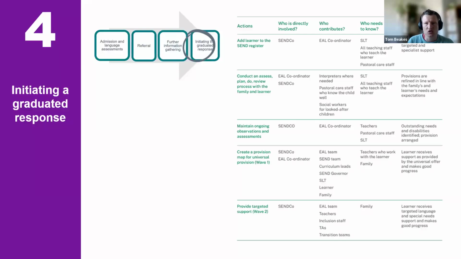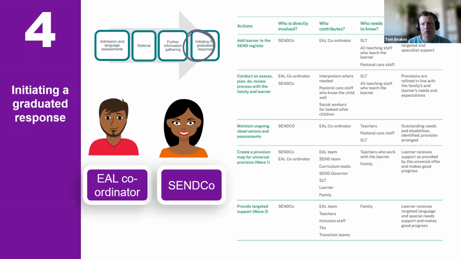And so key actions in this stage would include things like adding the learner to an SEND register or record in whatever you use in your school, the conducting of an assess, plan, do, and review process with the family and the learner, maintaining ongoing observations and assessments, and creating a provision map for universal provision across the school. So as I said, this will largely sit with your SEND and EAL lead.